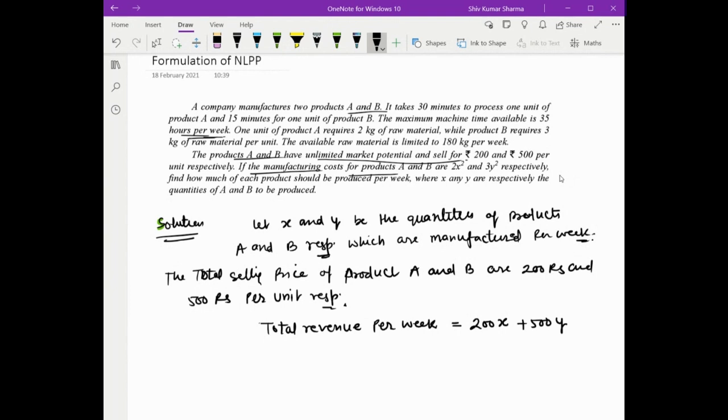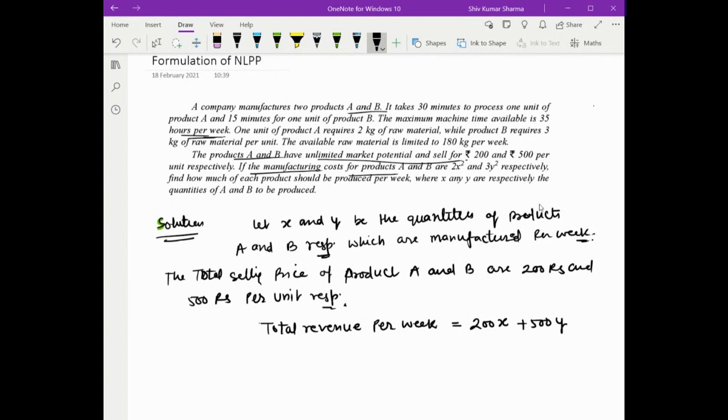This is the revenue which is generated by selling the product, that means 200 rupees for product A and 500 for product B.